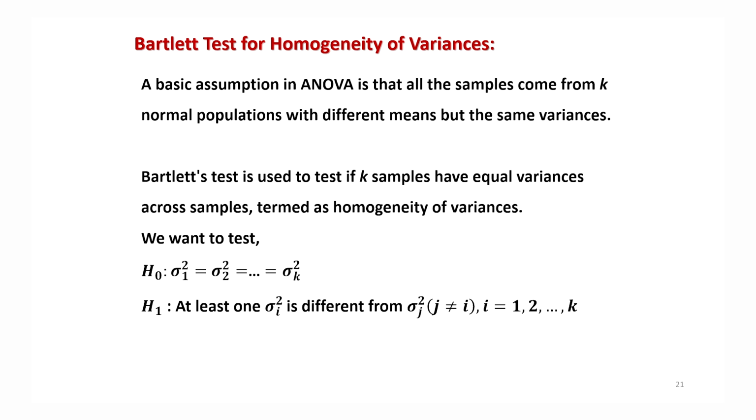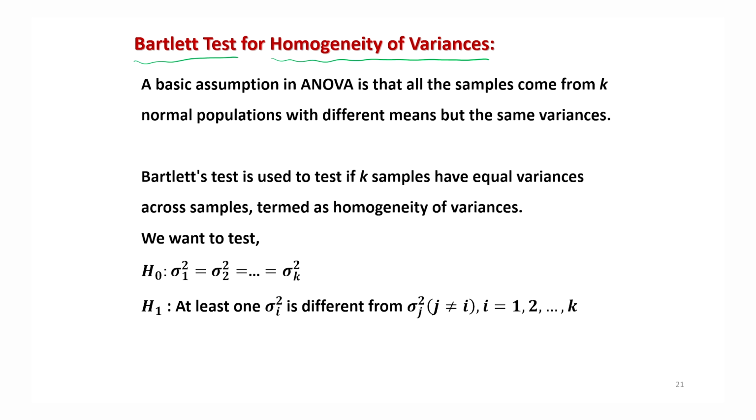Now in the last part, let me very quickly give you information about the Bartlett's test, which is used for conducting the test of hypothesis for the equality of different variances. For example, you have assumed in the analysis of variance that you have k samples drawn independently from k different normal populations, having different means mu 1, mu 2, up to mu k, but having variances sigma 1 square, sigma 2 square, up to sigma k square.